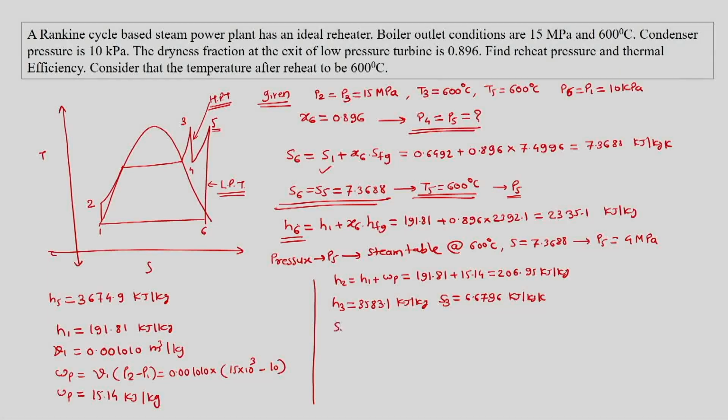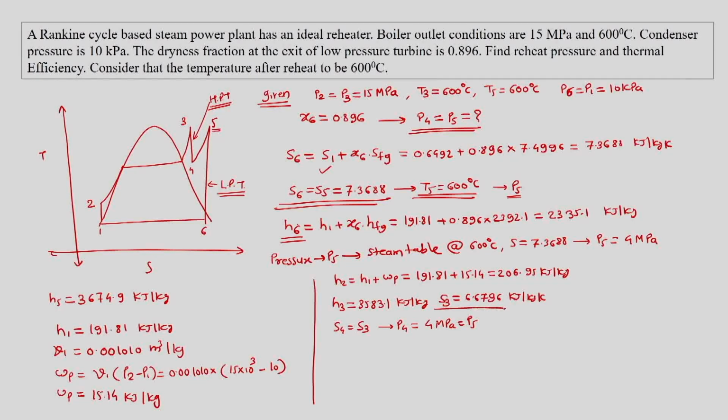Here we should also remember S4 is equal to S3, and we know P4 is equal to 4 megapascal, which is basically P5. So again we will go to the steam table, look into the 4 megapascal case, and find out the temperature at which we can get the entropy as S3.